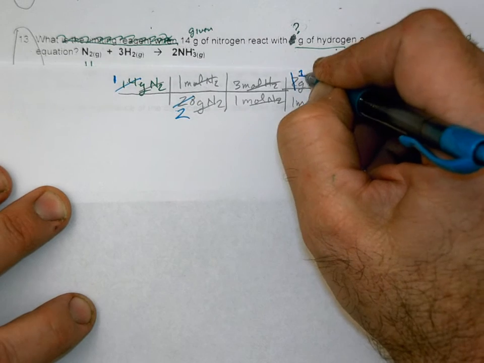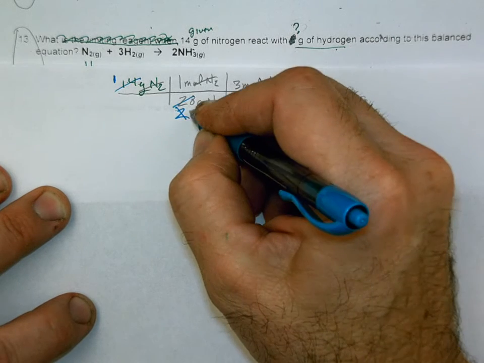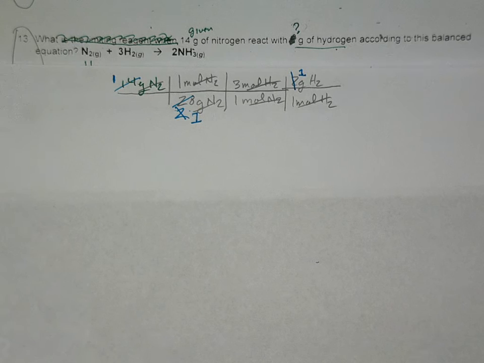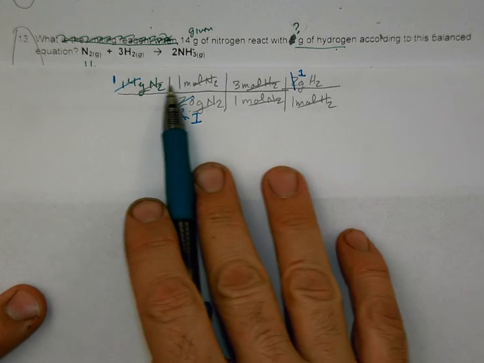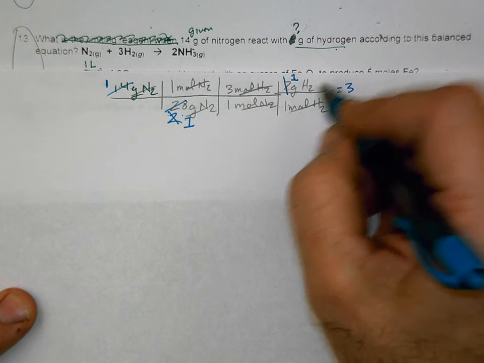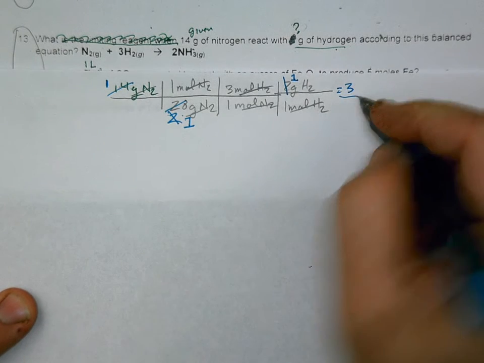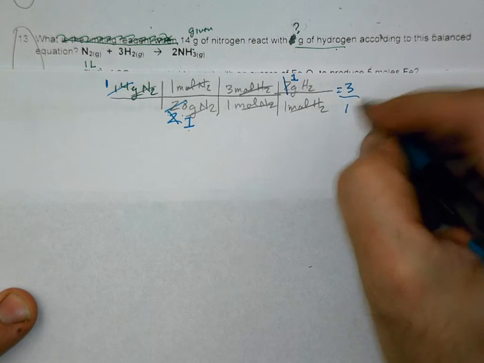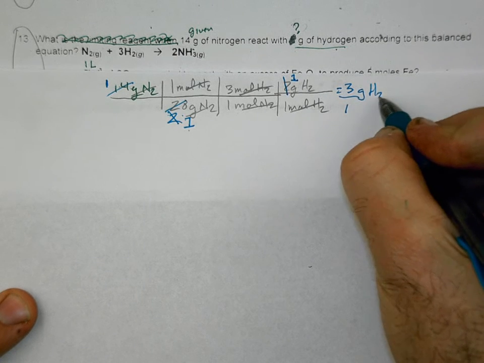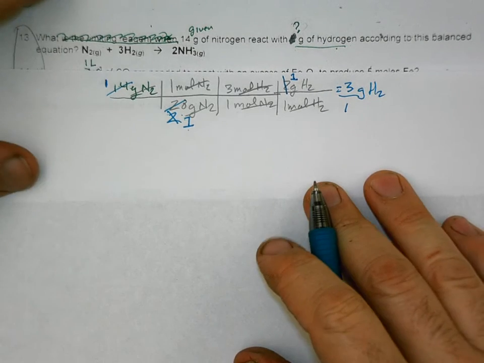That makes this just 1. And we'll cancel that out. That makes this now just 1. So in our problem, we're going to end up with 1 times 1 times 3 times 1, which is 3, divided by 1 times 1 times 1. So it's 3 grams of H2 in this problem.